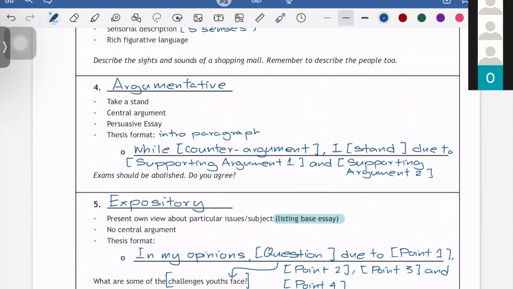remember to give background information, or general information related to the topic.